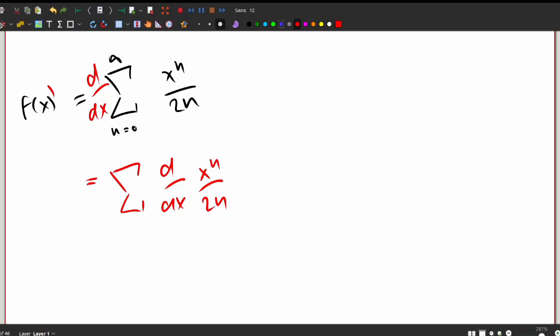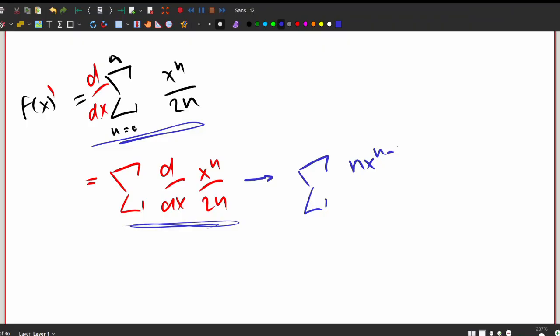So remember this principle. The derivative of a sum is equal to the sum of the derivatives. And this makes it a lot easier, because now my f prime of x is just another sum, where it's n x to the n minus 1 over 2n, which equals x to the n minus 1 over 2.